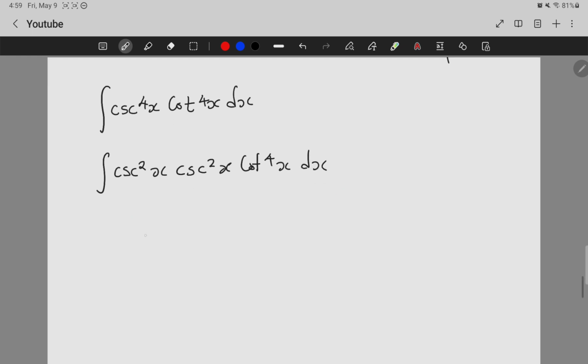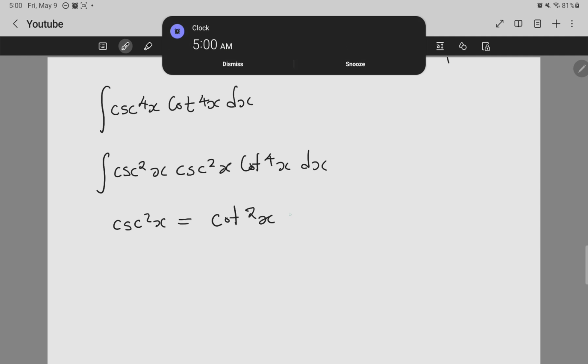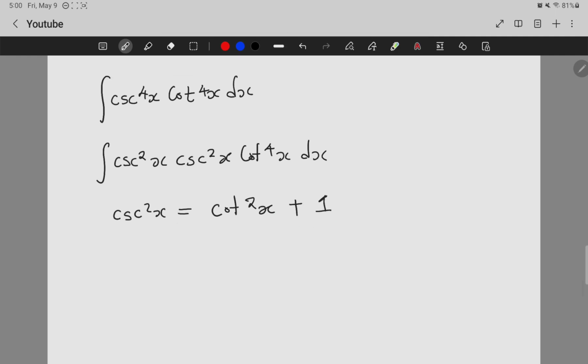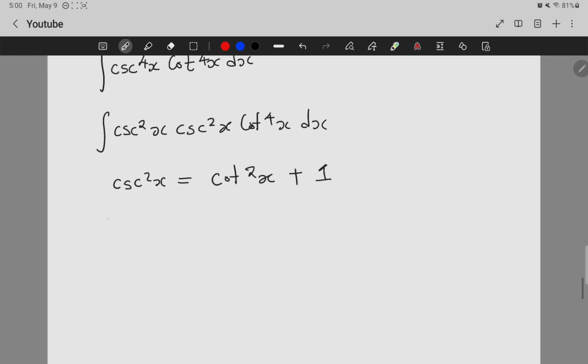But then recall that cosec squared x equals cot squared x plus 1. And when we substitute this for one of the cosec squared terms, we now have cosec squared x, cot squared x plus 1 multiplying cot to the power 4x dx.